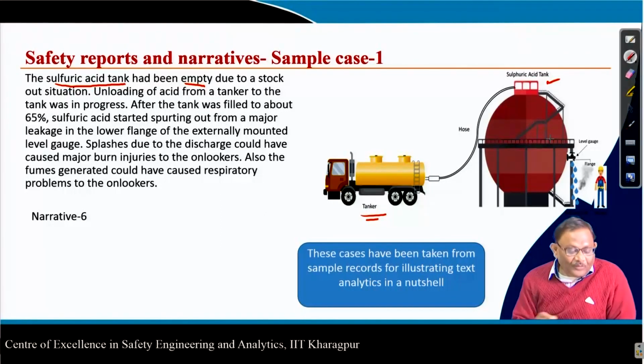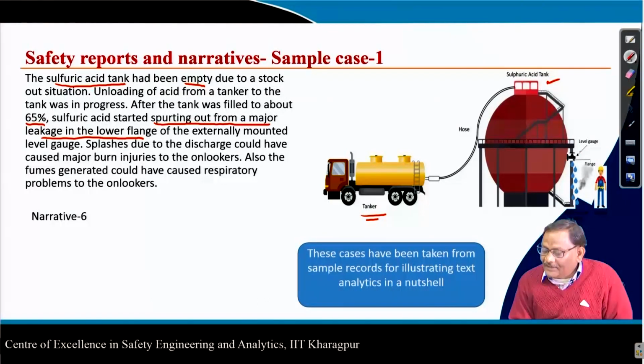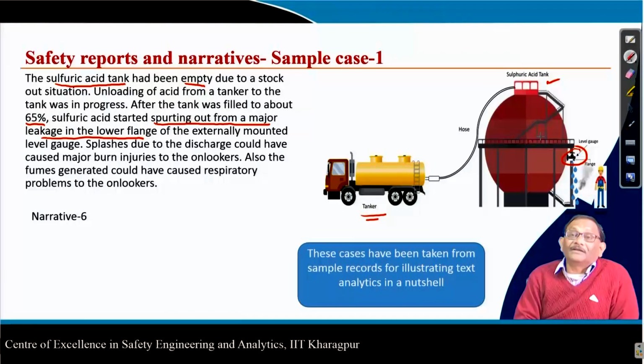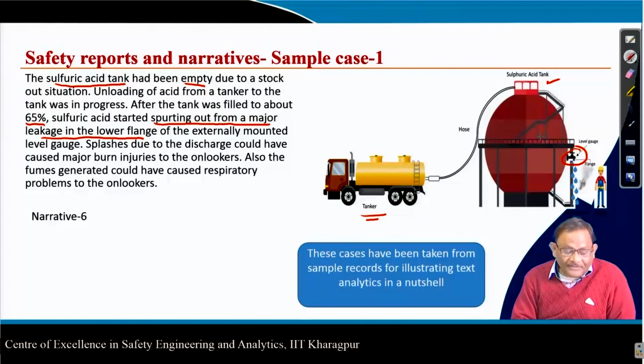When the tank was almost 65% full, sulfuric acid started spurting out from a major leakage in the lower flange. So, here leakage started, and splashes due to the discharge could have caused major burn injuries to the onlookers.